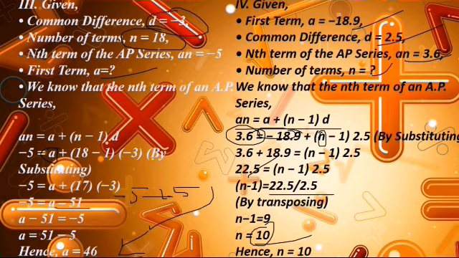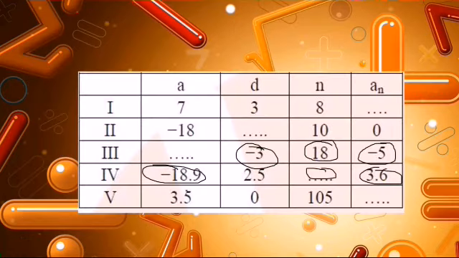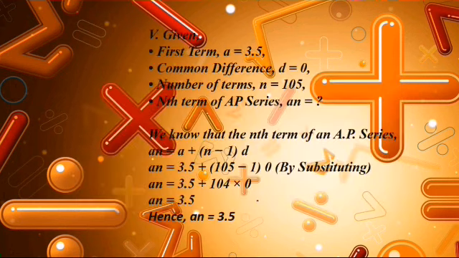So let's solve the next question. The fifth question: here they have given the first term as 3.5, the common difference d as 0, and n, the number of terms, as 105. Now we need to find an.